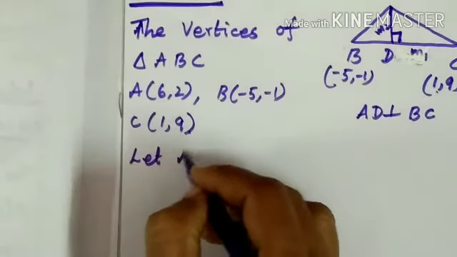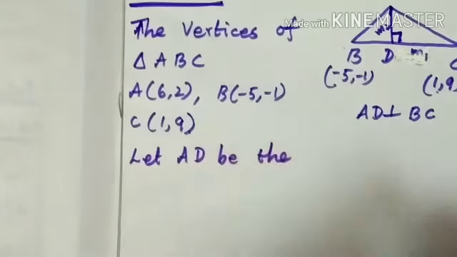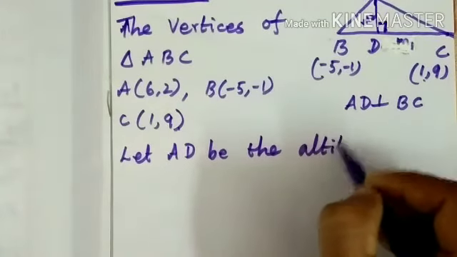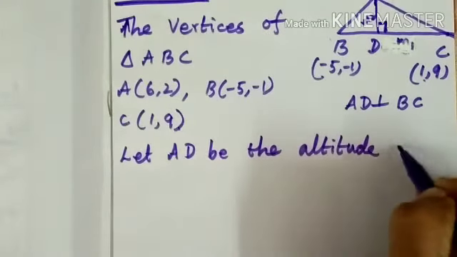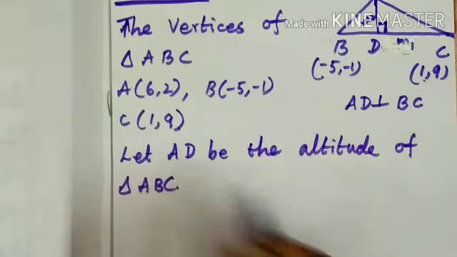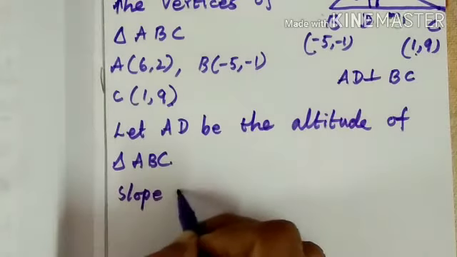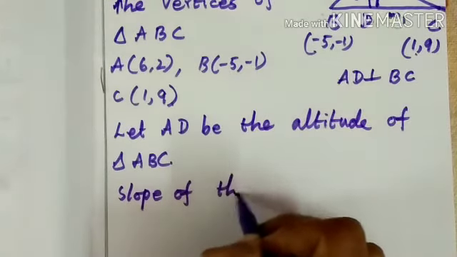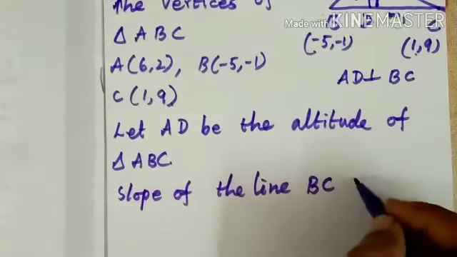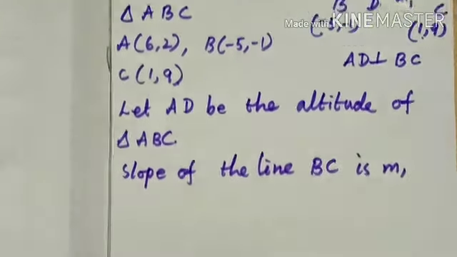Let AD be the altitude of triangle ABC. Next you have to find the slope of the line BC, that is M1.